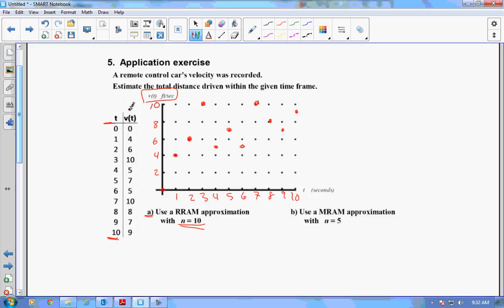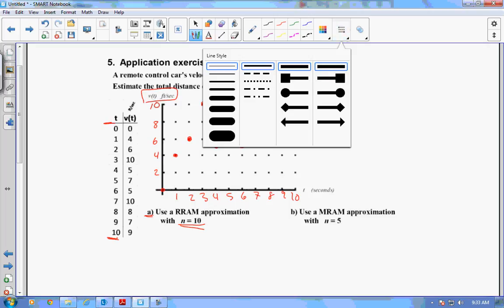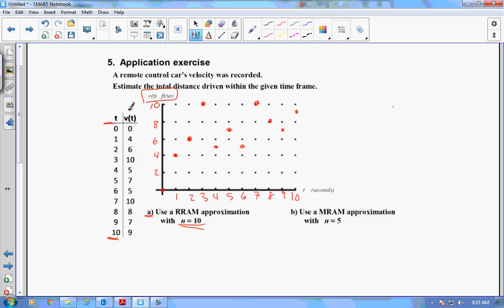Okay. And we are using a right approximation. So I grab a different color. And our first one has width 1, because we want 10 rectangles. So we go to the right side and go up, which would be here. I do it lightly because you have to do it again using the middle.